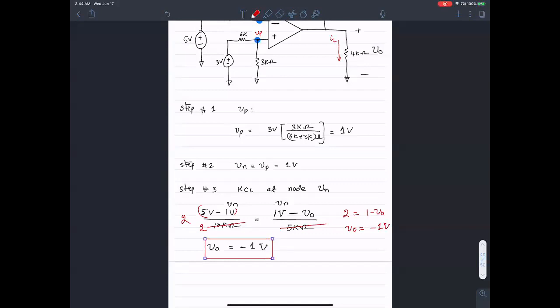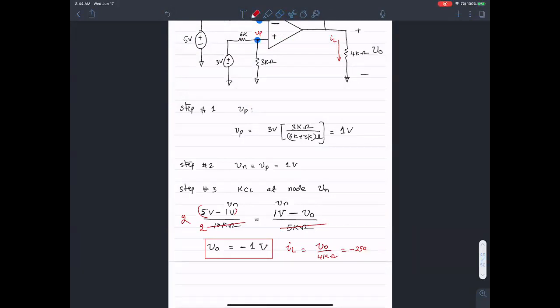Once we find VO, it should be straightforward to find IL. IL would be VO over 4 kilo ohms. That gives me a value of negative 250 microamperes. That's the idea of VO and IL.